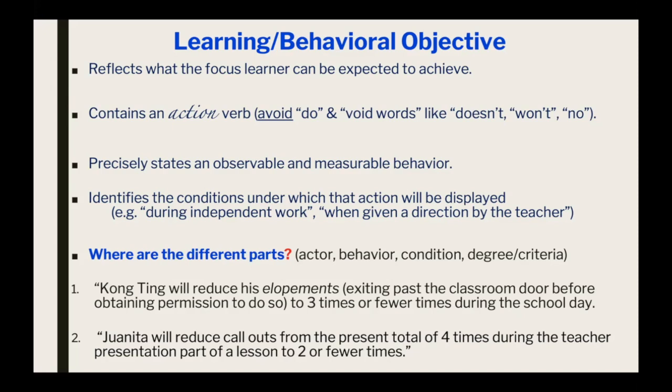And you see here, okay, that's the behavior. We know the actor. Under what conditions? There it is, the teacher presentation part of the lesson. And what's the criteria, the degree? We think we can have Juanita, she'll still be calling out, giving these comments before receiving permission to do so, but we think we can cut it down to 2 times or fewer.